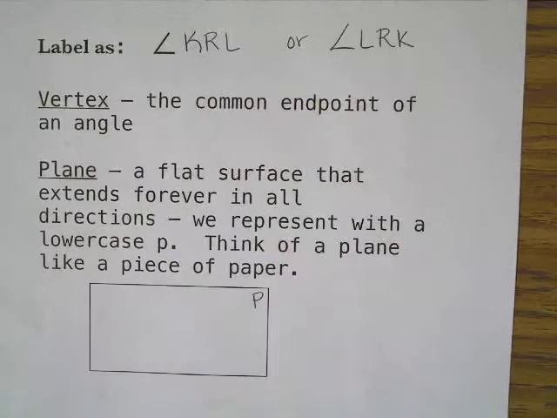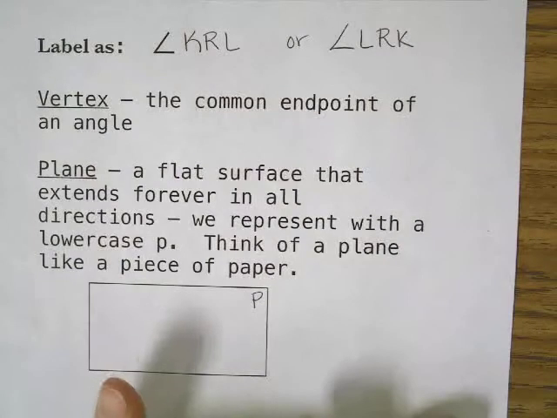All right, the next one we're going to talk about is a plane. A plane is a flat surface that extends forever in all directions, okay? Think of it as a piece of paper. This piece of paper is a plane. My computer table is a plane, okay?